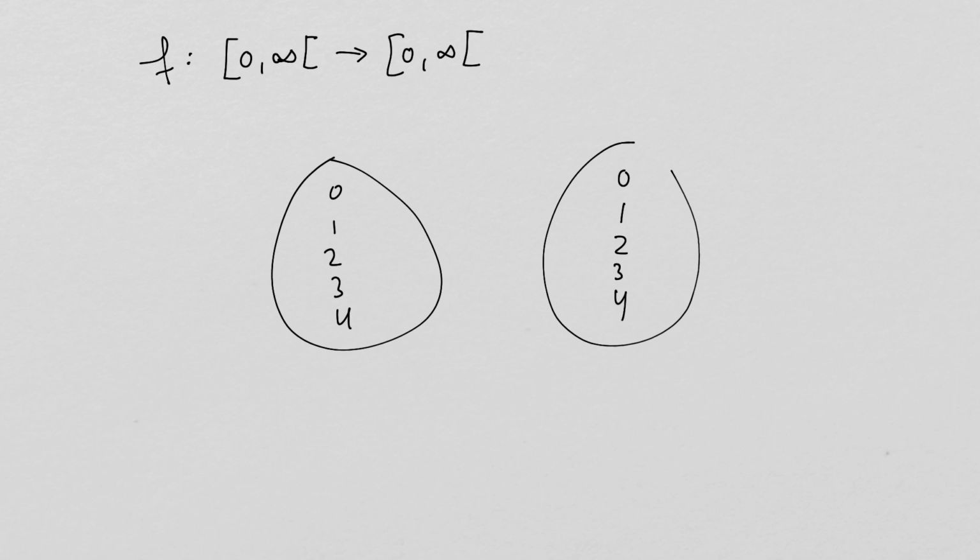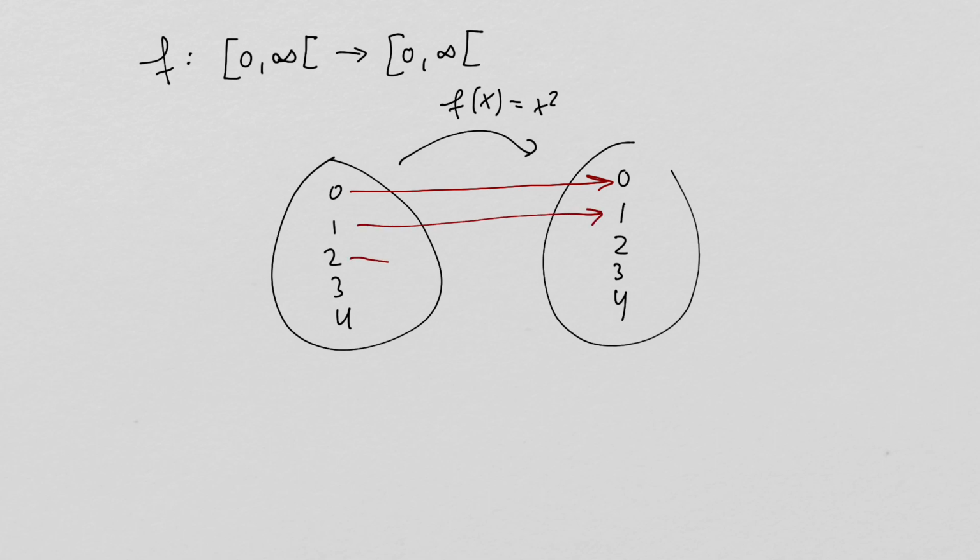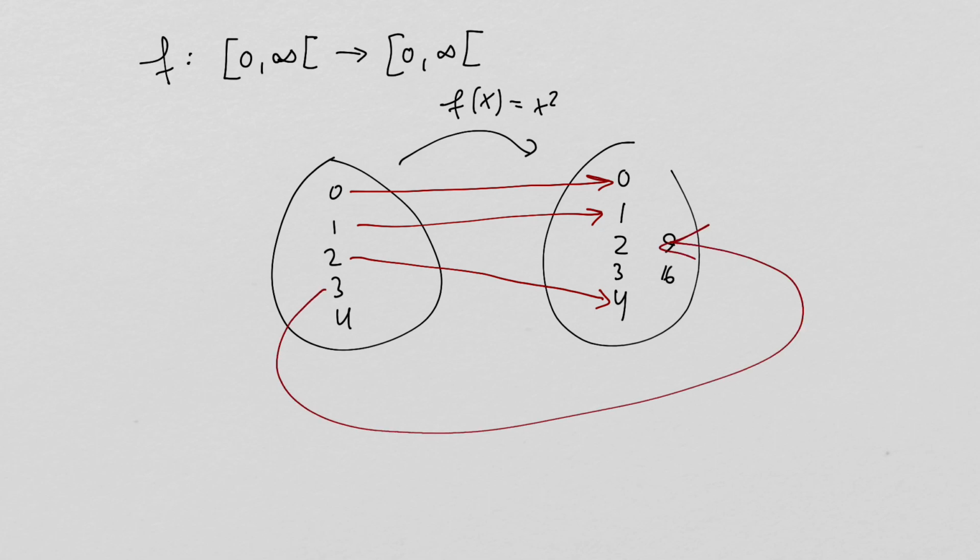If the function is x to the power 2, 0 would go to 0, 1 to 1, 2 would go to 4, and so on. We would have here 9 and 16 also, which would be the images of 3 and 4.